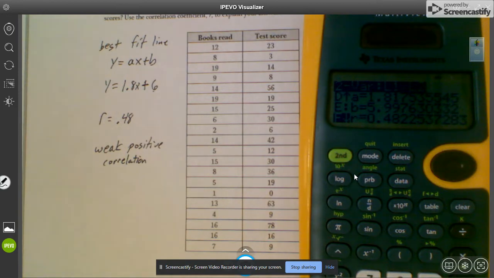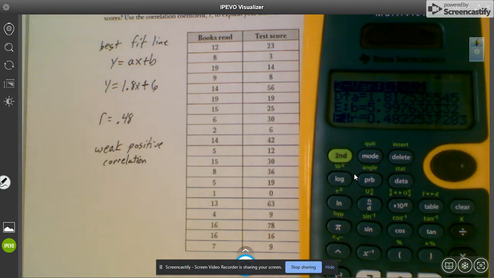I'll try to make it where it's not much more scattered than the one I just gave you here. But if you get anything less than about 0.2 or negative 0.2, like if you're closer to 0 than either one of those 2 decimal points, you can pretty much say that there's no correlation.